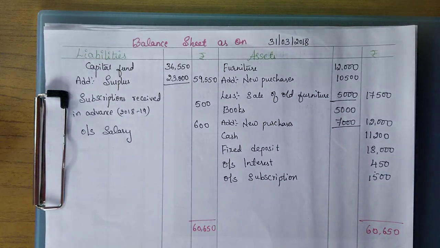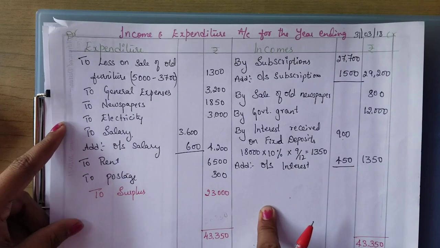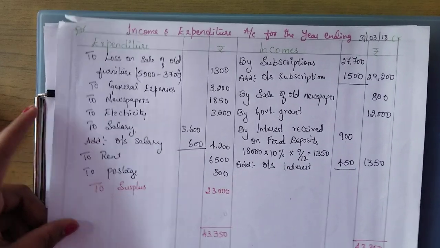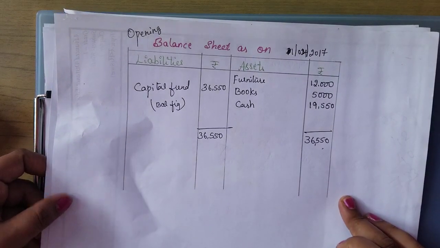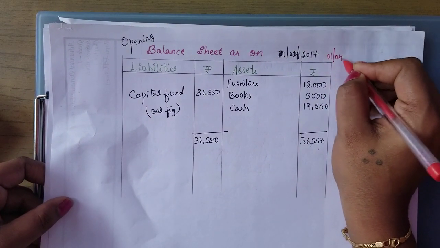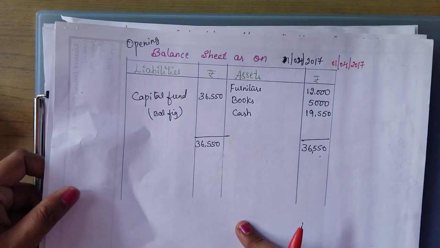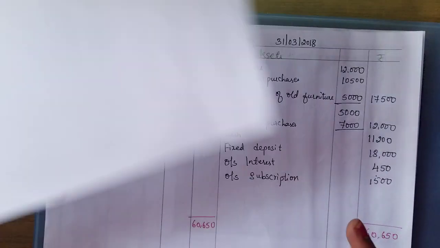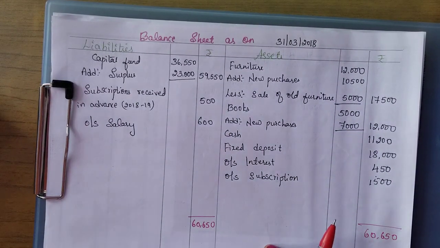So in this particular problem, we are preparing first the income and expenditure account. Then we are going to prepare the opening balance sheet for the year 2017, the previous year's balance sheet, with the given information. And then we are going to prepare the current year's balance sheet.